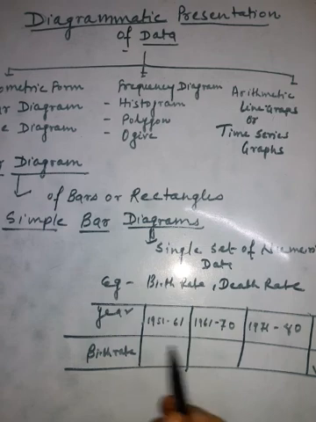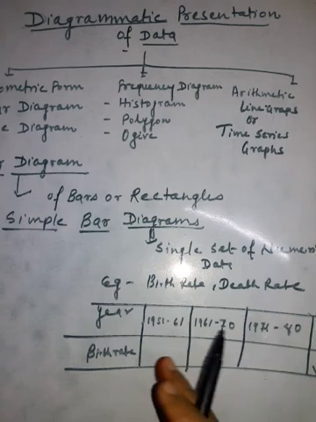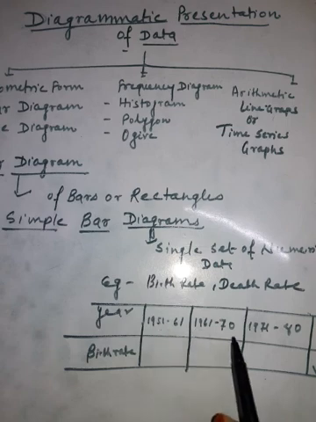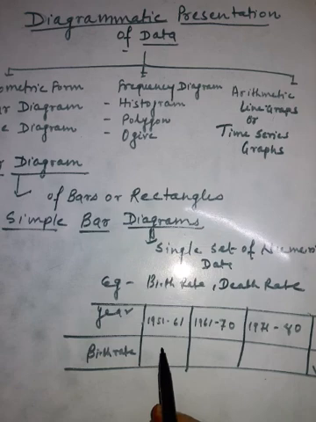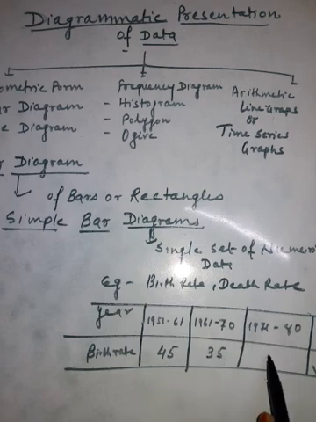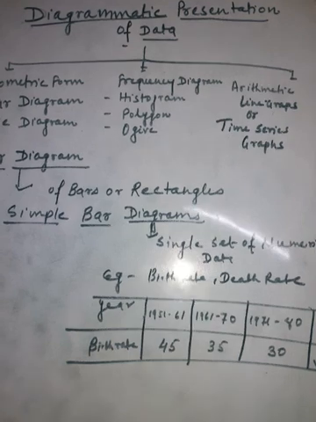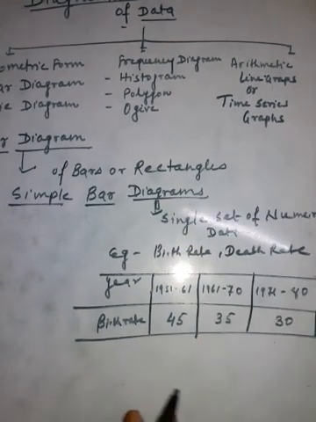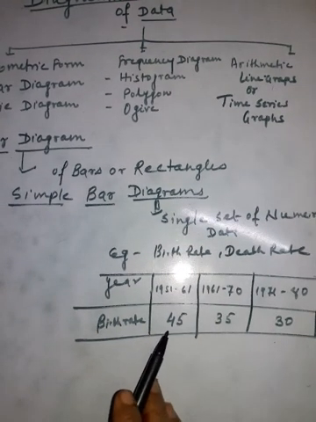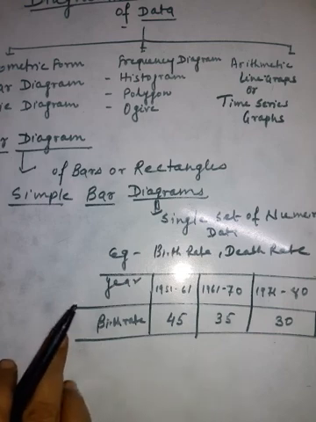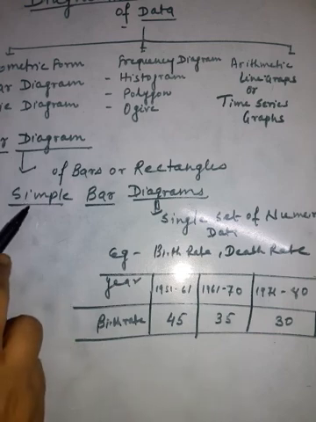I have decade-wise data of birth rate, like 51 to 61, 61 to 70, 71 to 80. Suppose this is again totally hypothetical data: 45, 35, and suppose 30. Then how can this data be presented in the form of bar diagram? Here a single set of numerical data is given. This kind of data can be presented in simple bar diagram.